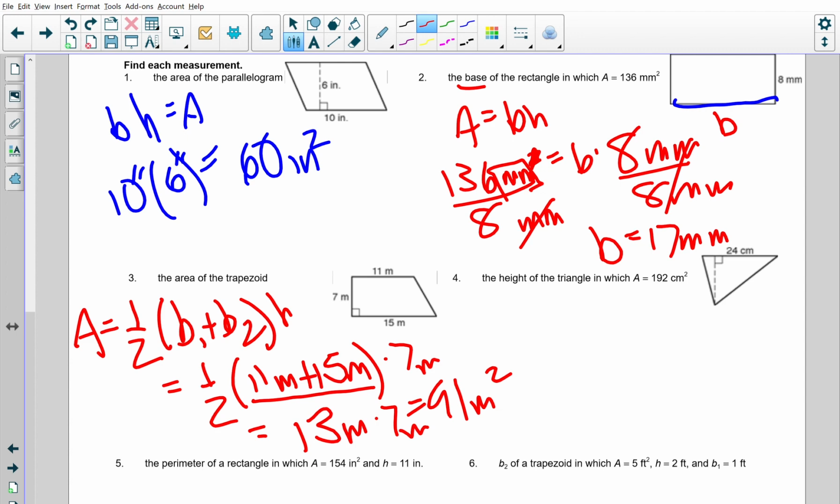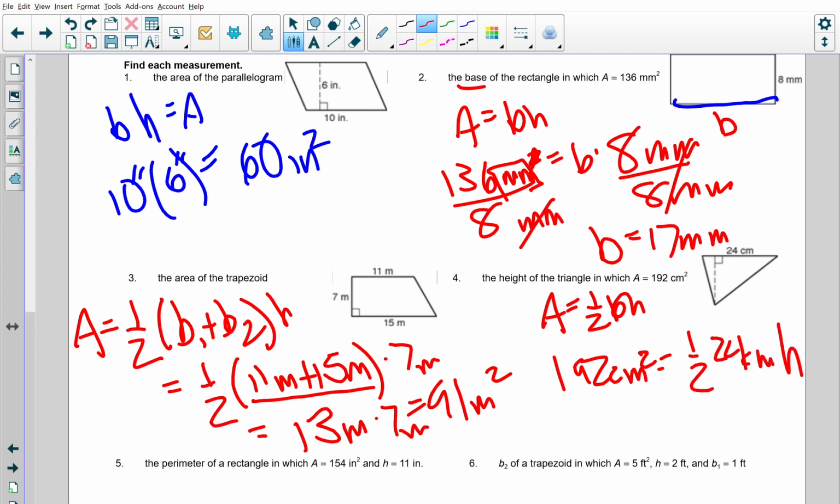So now we're looking for the height of the triangle. Well, area is equal to 1/2 base times height. If we know the area, we know the base, and we're looking for the height. Well, half of 24 is 12. And if I divide both sides by 12, what is that? 8 away from 200.